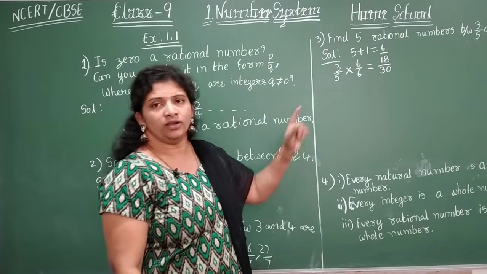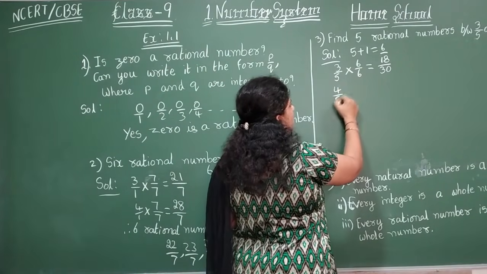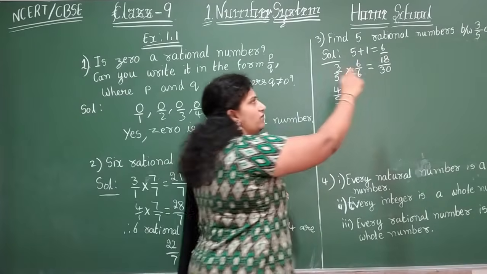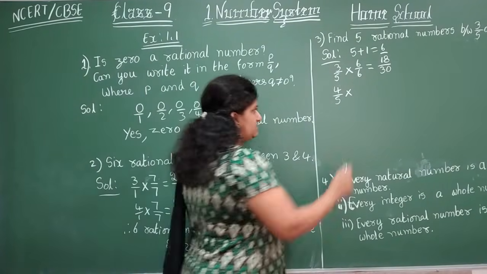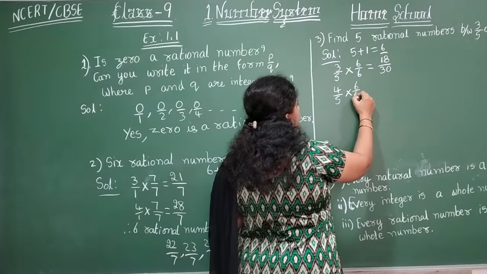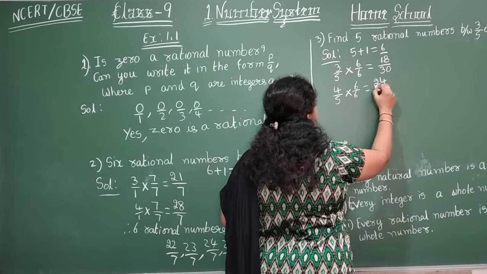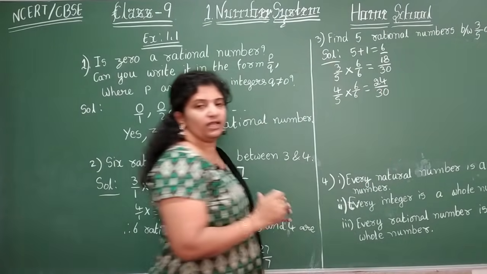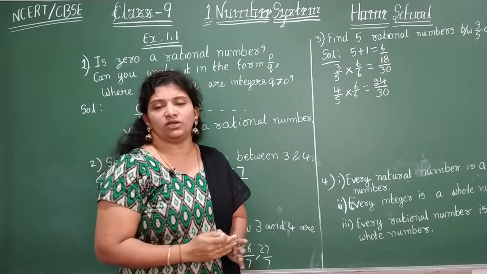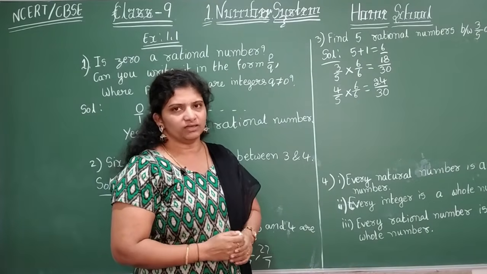Okay, 18 upon 30. Next number 4 by 5. What is the number you need to multiply numerator and denominator by? 6. 6 4s are how much here? 24. 5 6s are 30. So the 5 numbers you need to write are in between 18 by 30 and 24 by 30.